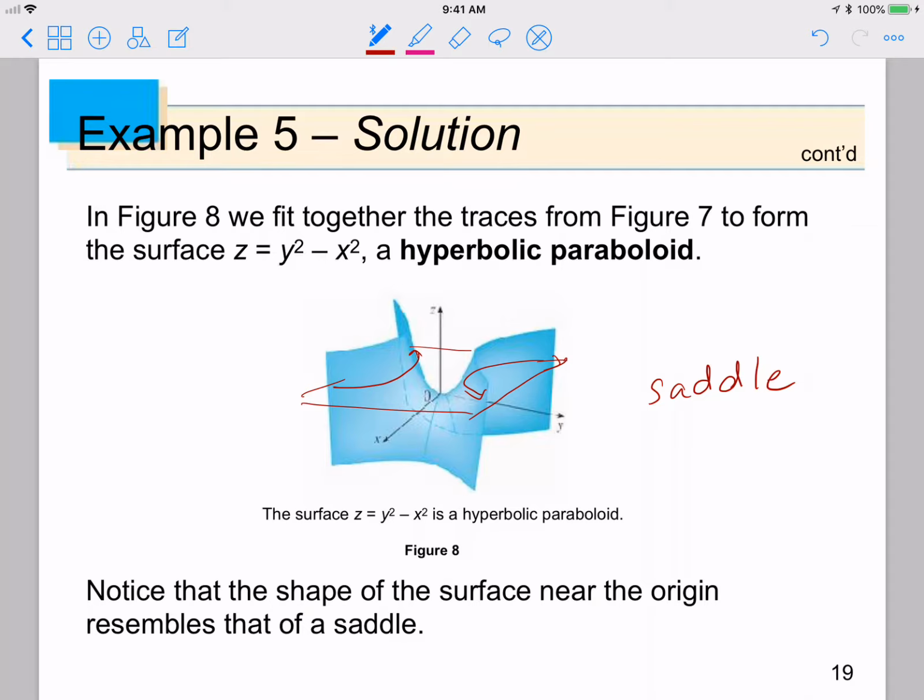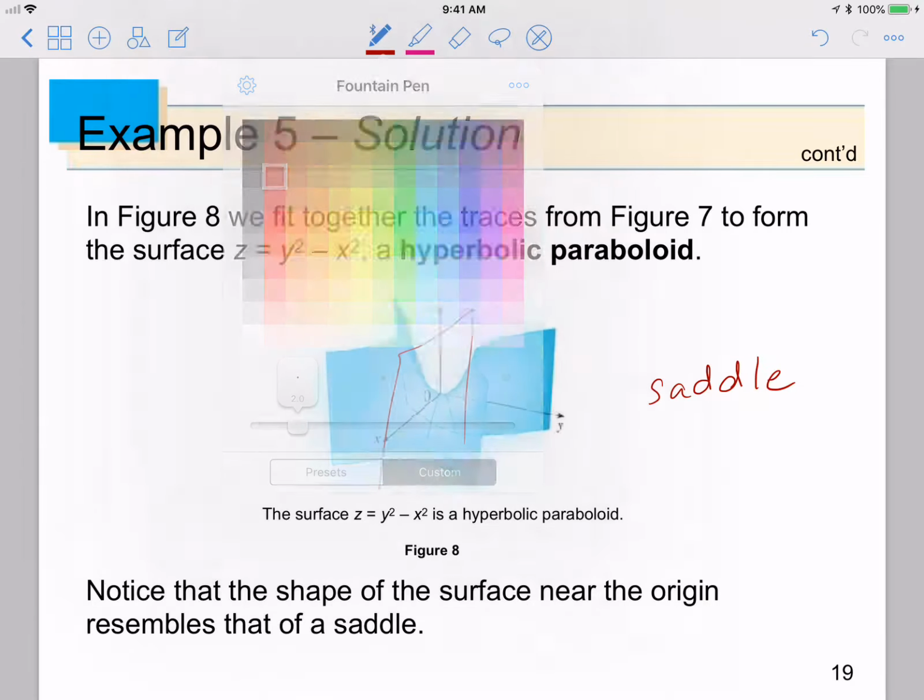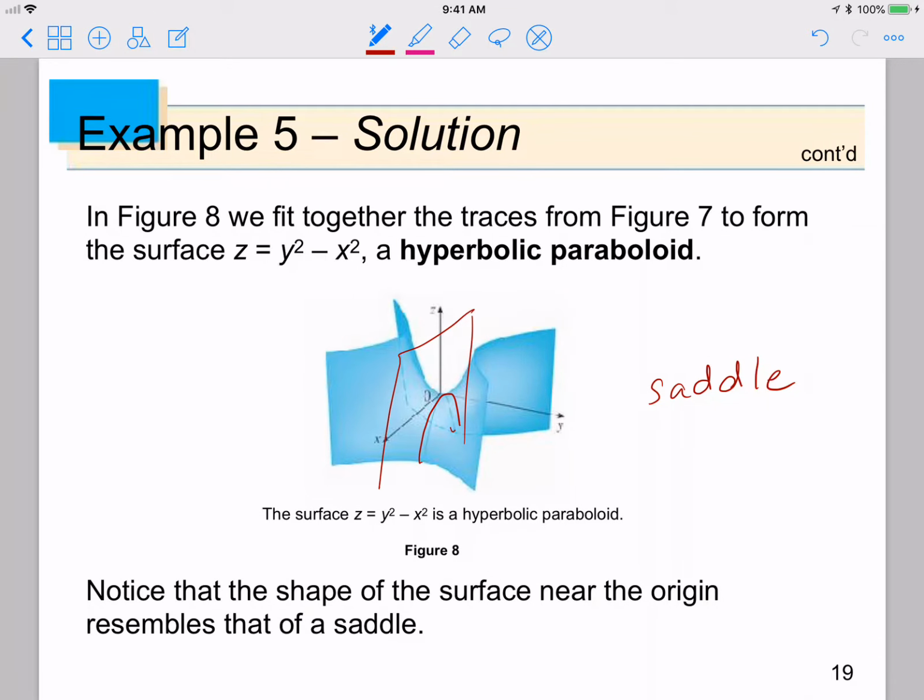But if we look at a cross section this way, we'll get parabolas that are facing upside down. Does that make sense? We'll have parabolas facing upside down. And what's holding them all together is this hyperbola.